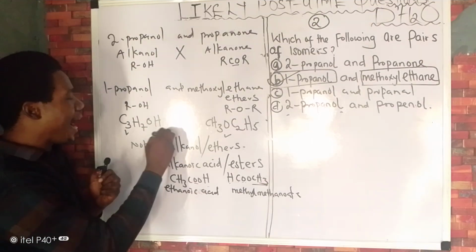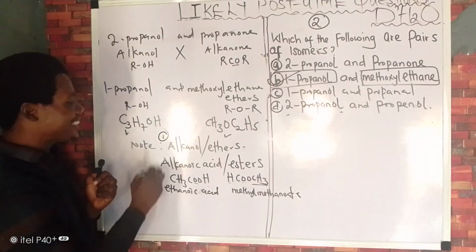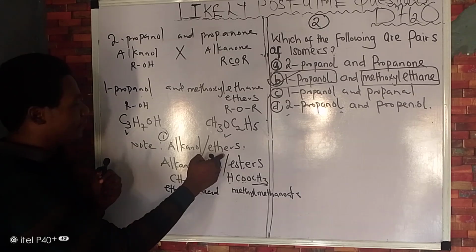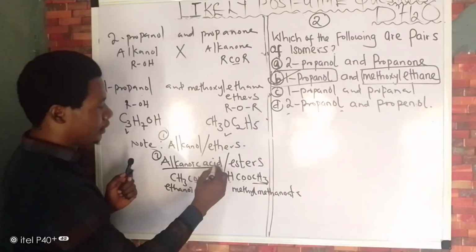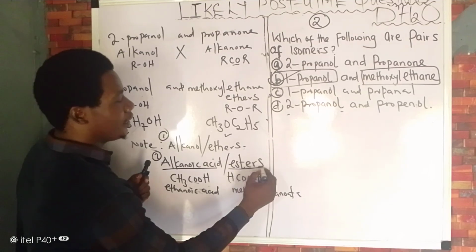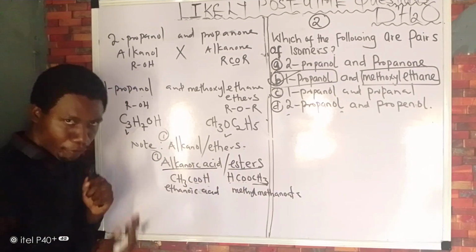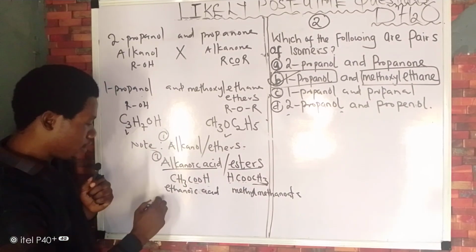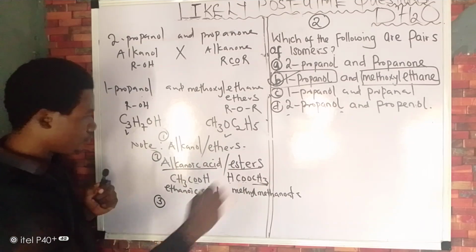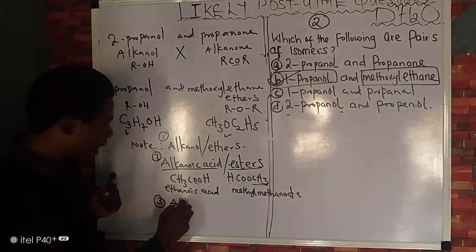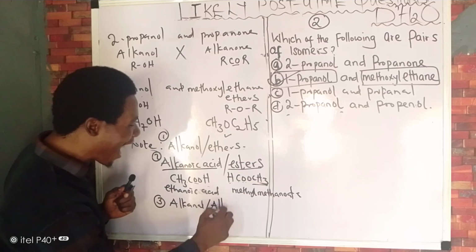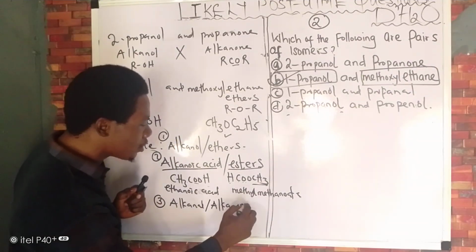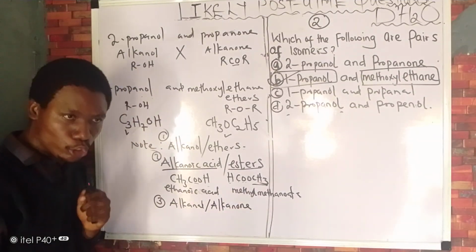So take note that alkanoic acids and esters are isomers. They are functional group isomers. Number 3: alkanal and alkanone are also functional group isomers.